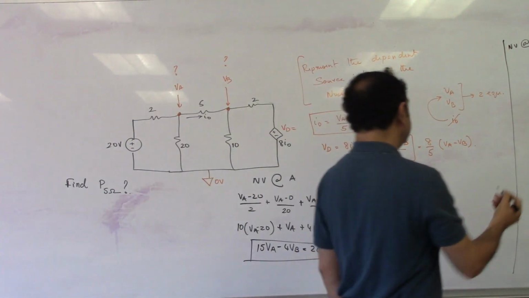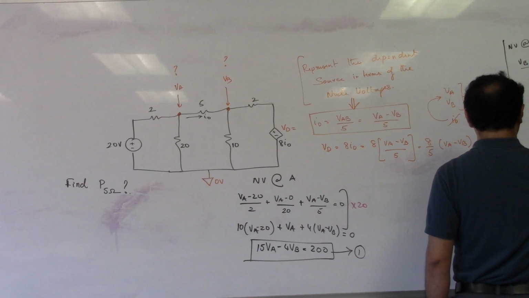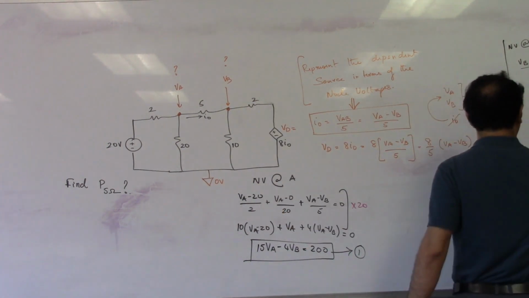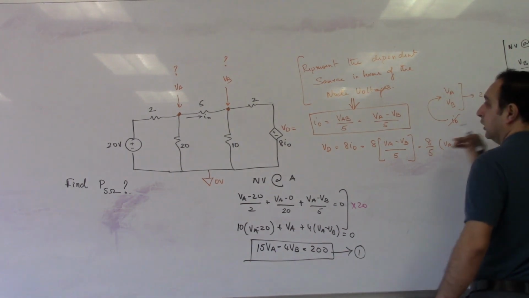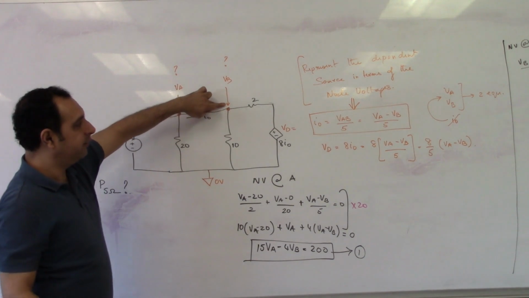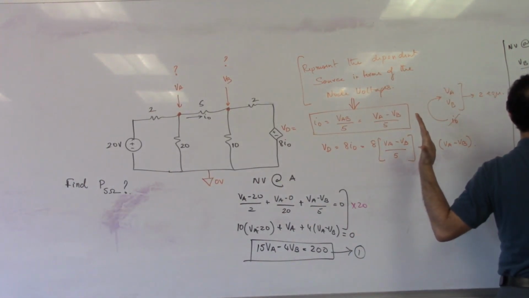So we say VB minus VA over 5, plus VB minus 0 over 10, plus what will be right here for this branch? VB minus VD, over 2. Perfect.